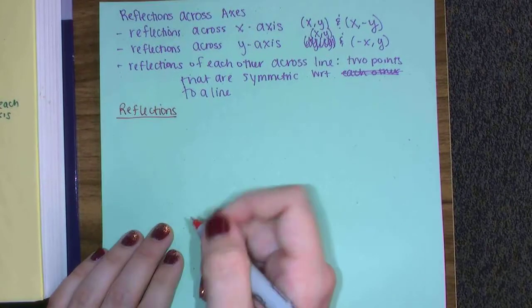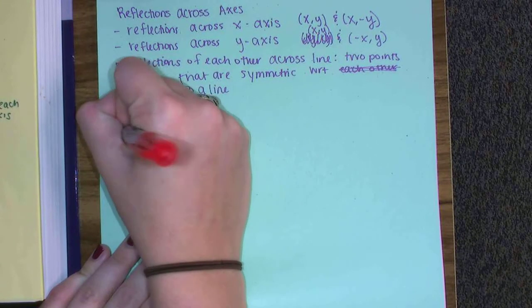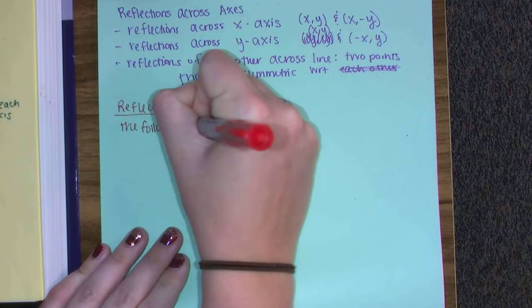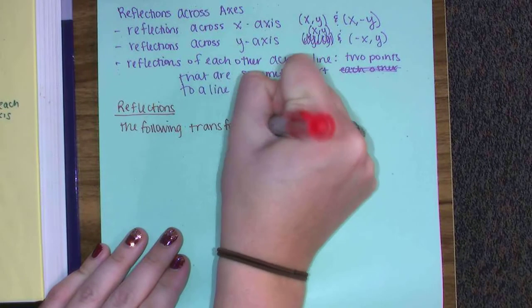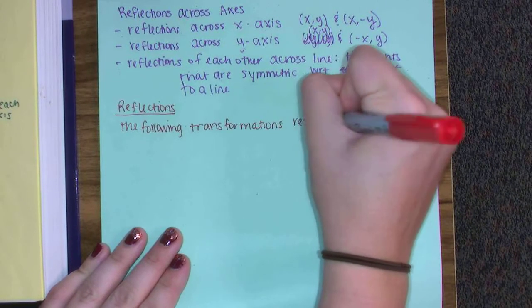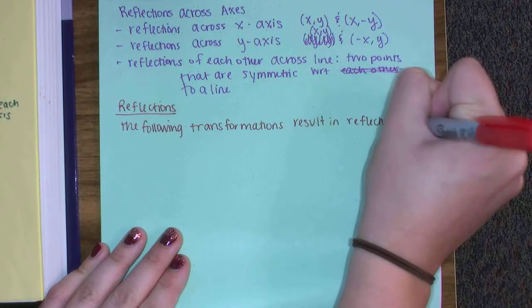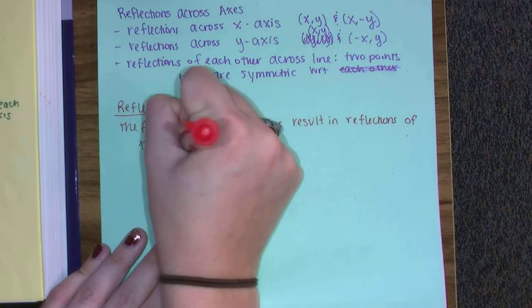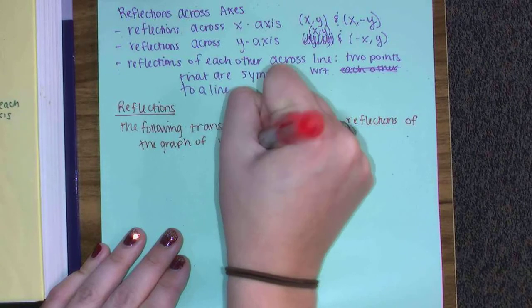All right, so reflections. The following transformations result in reflections of the graph of y equals f of x.